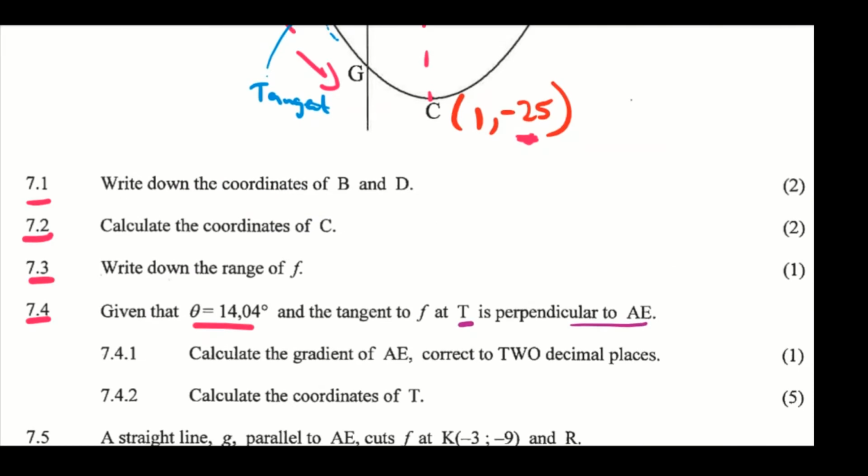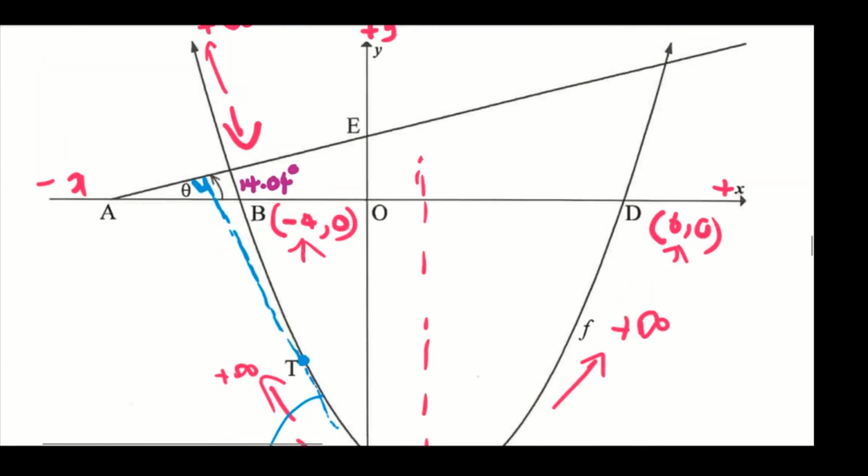So then 7.1, we are asked to calculate the gradient of AE equal to 2 decimal places. So this is the line of AE, right? And we're having an angle of inclination of 14.04 degrees, right?